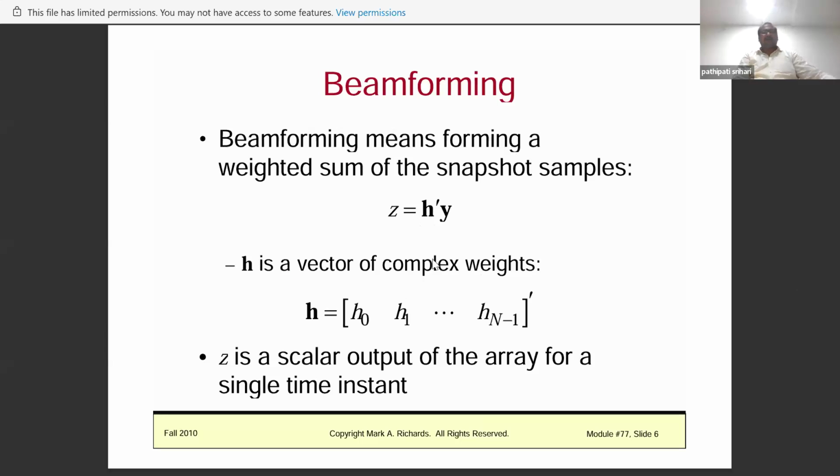So H naught, H1, dot dot dot, Hn minus 1 whole transpose. Z is a scalar output of the array for a single time instant, because once you multiply this, you will get a scalar output of the array for a single time instant. At this single time instant, what is our value?